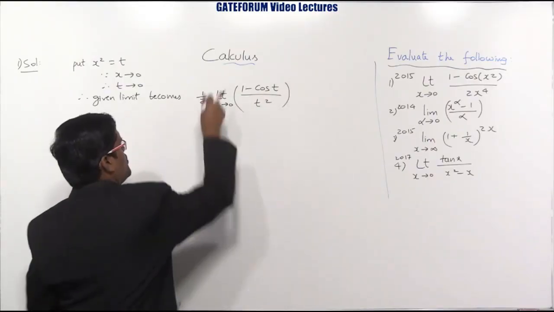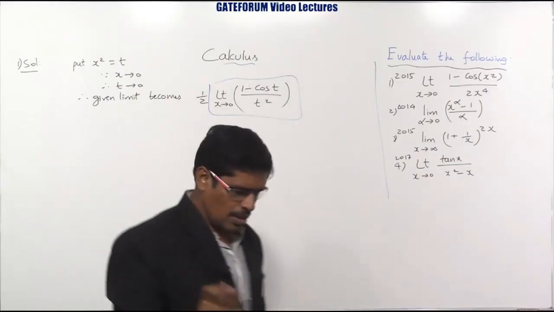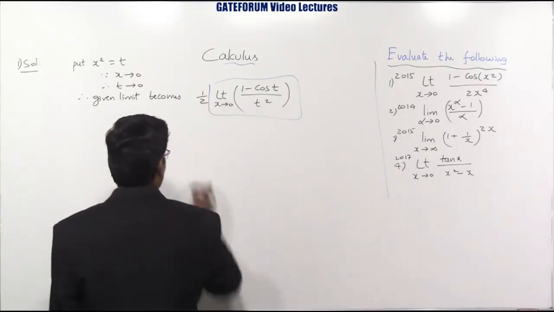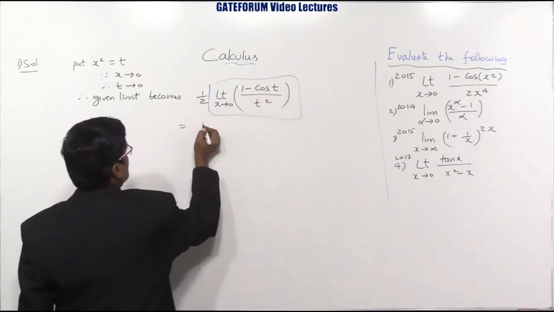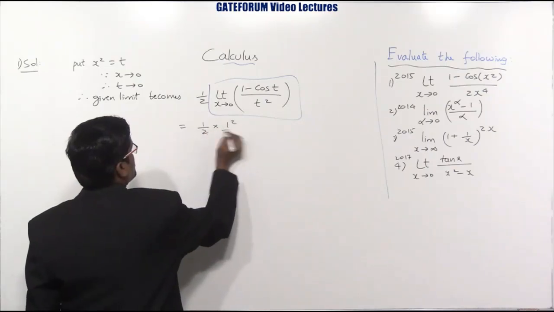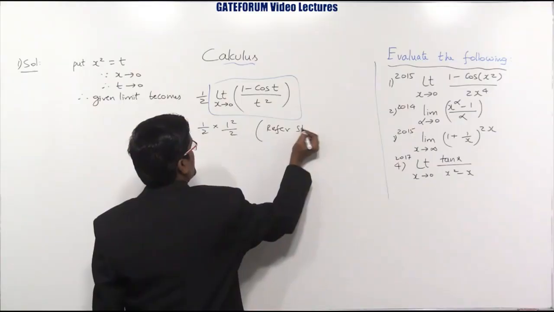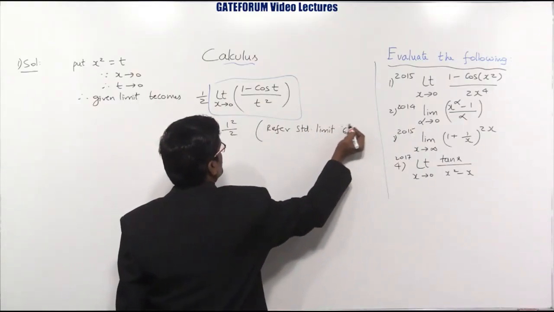So now this one is a standard limit, I think the 6th formula. Please refer to the 6th one. In place of x we have t, in place of a we have 1. 1 by 2 into a square by 2. Refer. STD means standard. Standard limit 6. Okay.